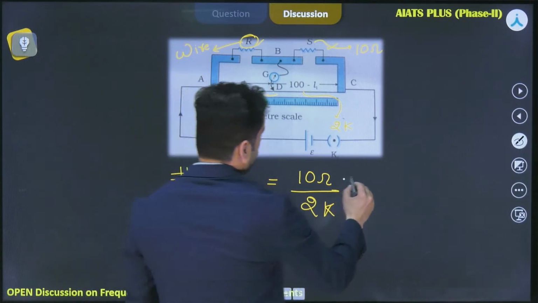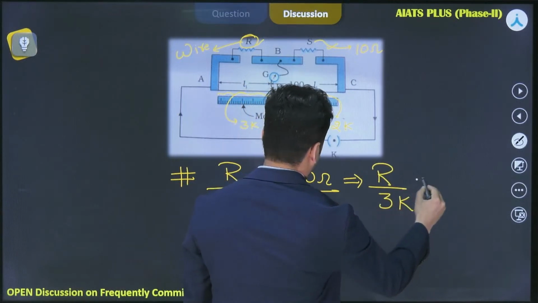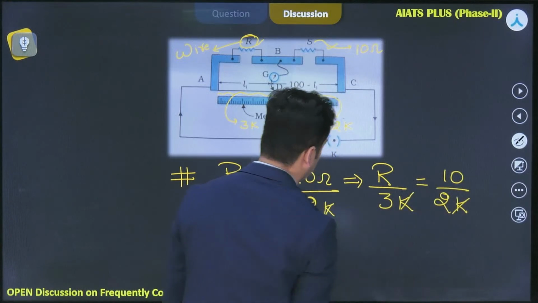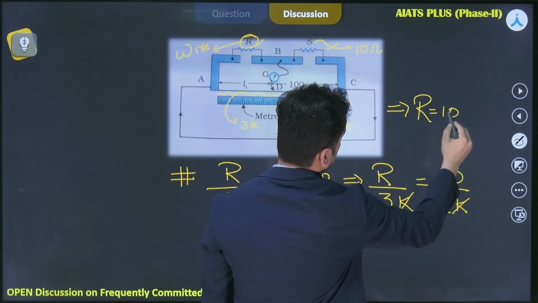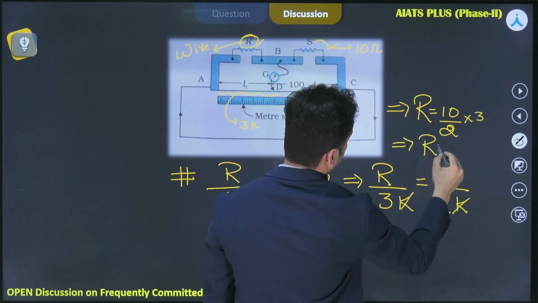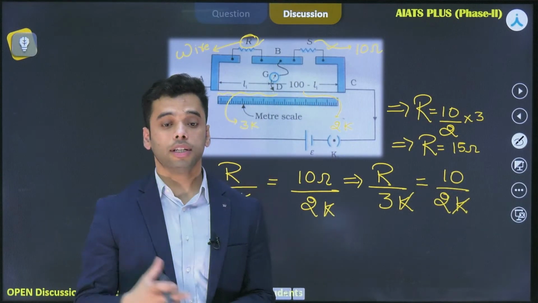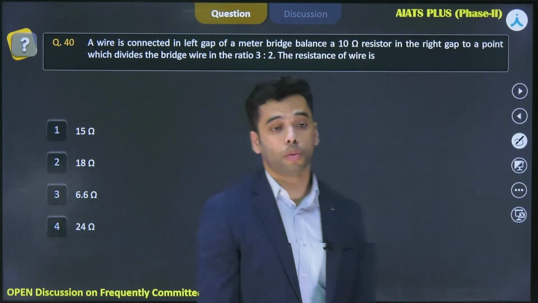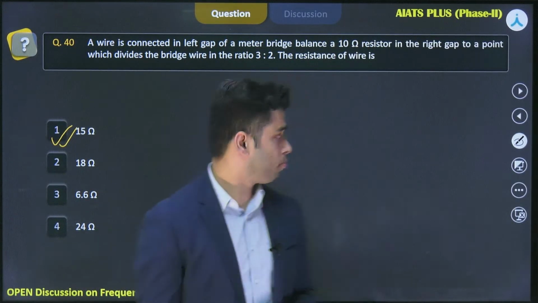If I try to solve this, it could be written as R over 3K equal to 10 over 2K. Let me cancel this K and K. So from here I can write that R is equal to 10 by 2 into 3. This implies R is equal to 15 ohm. Simple problem. The resistance of the wire is coming out to be 15 ohm, and it is given to you in option 1. Right? I hope you understood the problem.